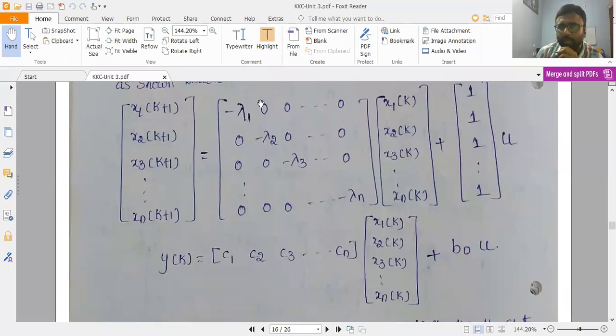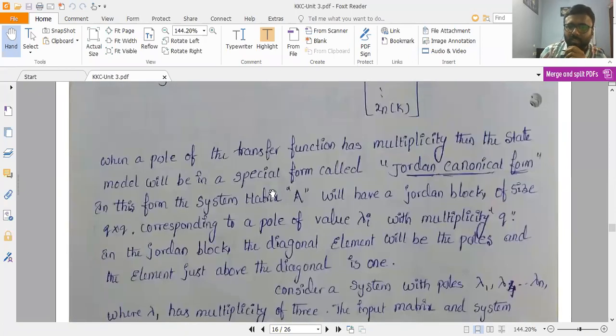That means one is going to be presented there. In place of the 0 here, 1 is going to be presented. So that particular block is called the Jordan block.